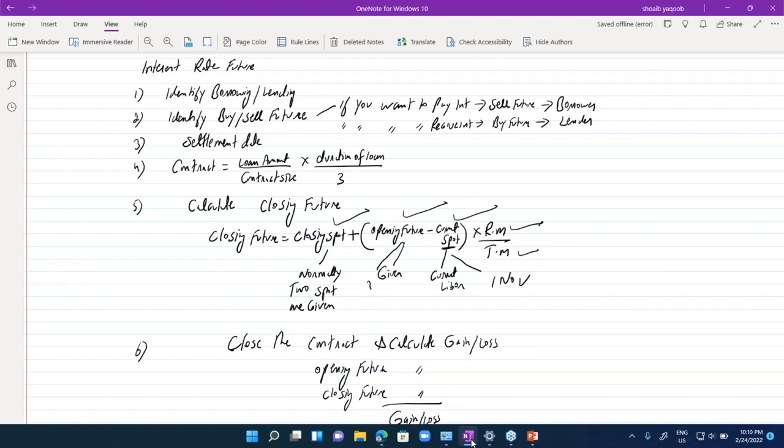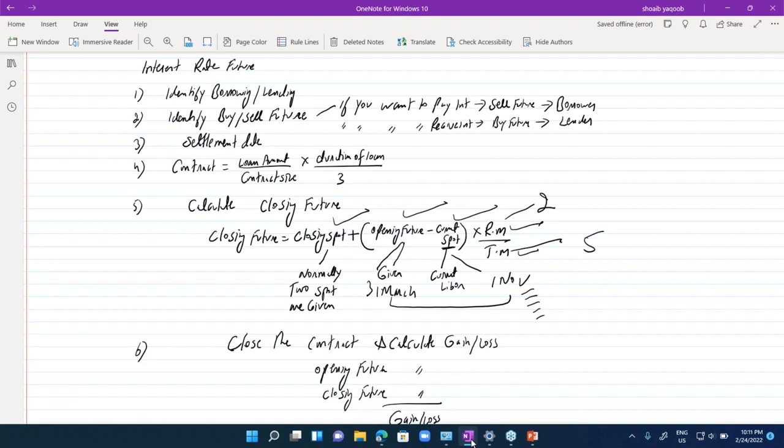Future will be of 31st March. So calculate the months: November, December, January, February, March. 5 months. So total months are 5. You are executing your contract on 31st January. So the remaining months will be 2.